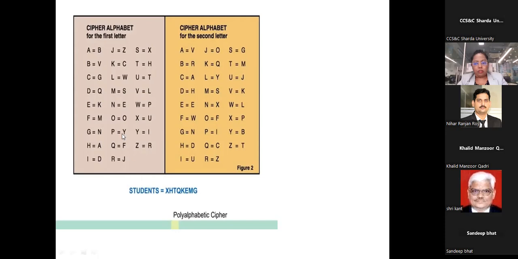So you can create many such letters through which you can do the encryption. But unless a person knows this table, he will not be able to get the decrypted part of the message.